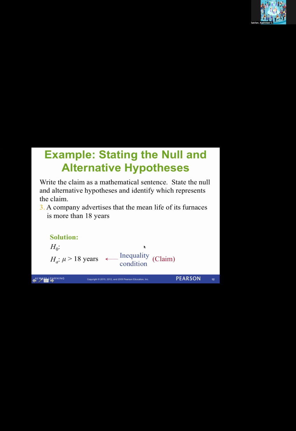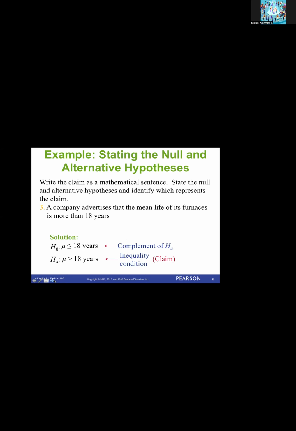Okay, so we have this one as the answer to number 3. Mu is greater than 18 years, and then the next one is mu less than or equal to 18 years.